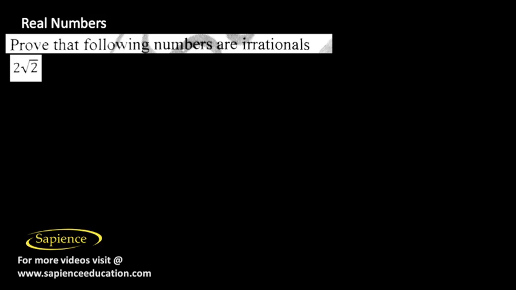Prove that the following numbers are irrational numbers, and we have to prove 2 root 2 first as an irrational number. So in order to prove 2 root 2 as irrational number, first let us assume 2 root 2 is a rational number.